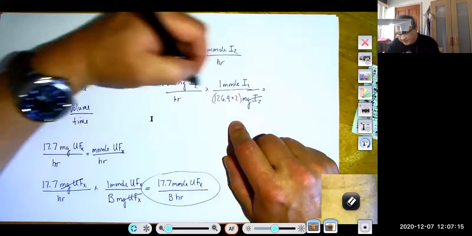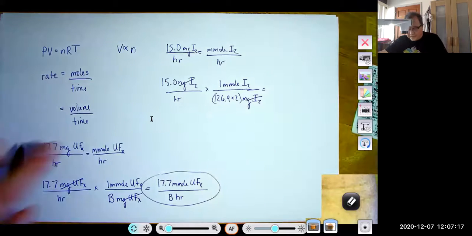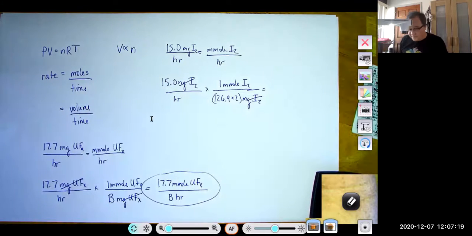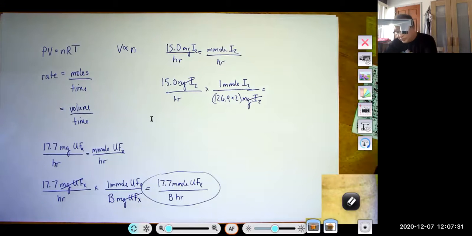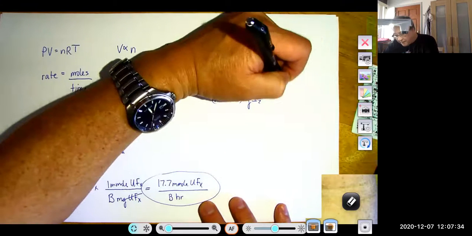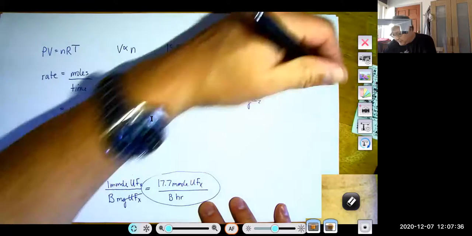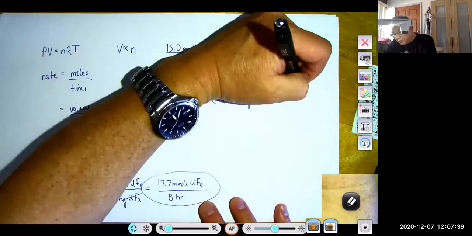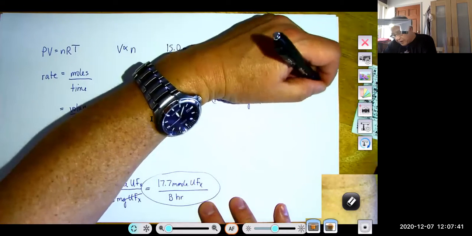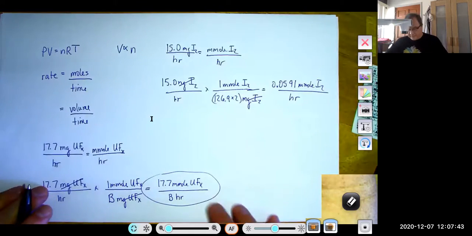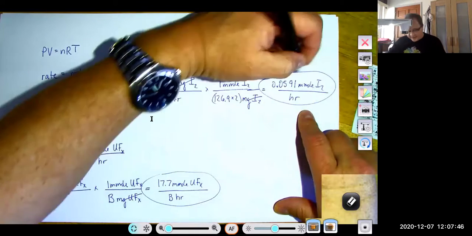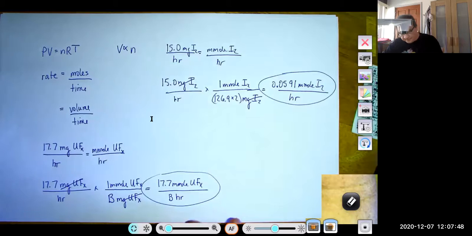So if I do this, we find out that we get 15 divided by basically 250. So we're going to get a pretty small number here. So we get 0.0591 millimoles of iodine per hour. Okay, so that is the rate of the iodine, and that is the rate of the uranium fluoride.